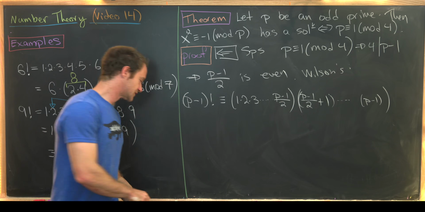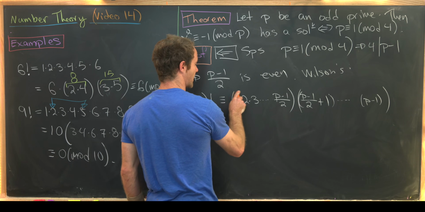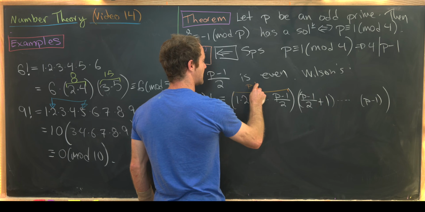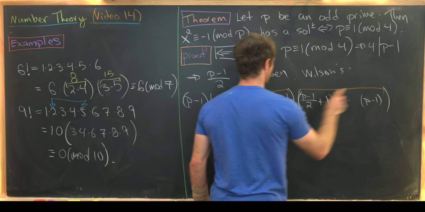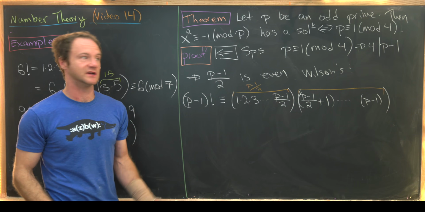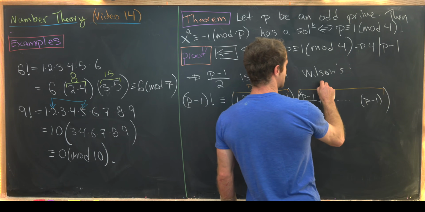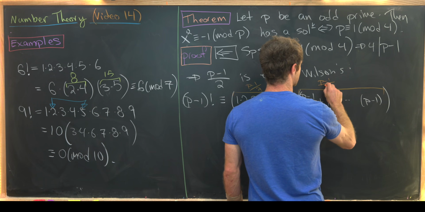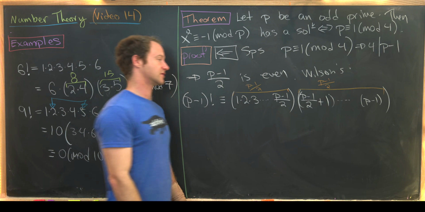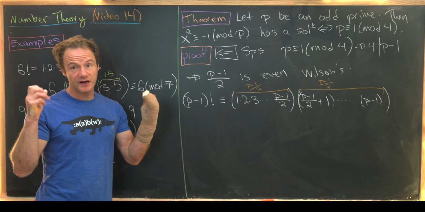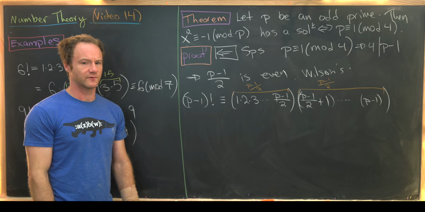Okay, great. Let's notice that in this product, there are p minus 1 over 2 terms. That's pretty obvious because we're just counting them 1, 2, 3 up to p minus 1 over 2. And then in this product, there are also p minus 1 over 2 terms. That's a little bit trickier to count, but still pretty straightforward.